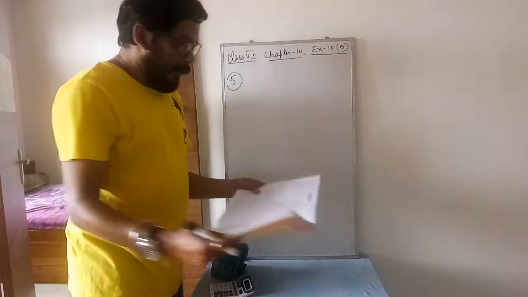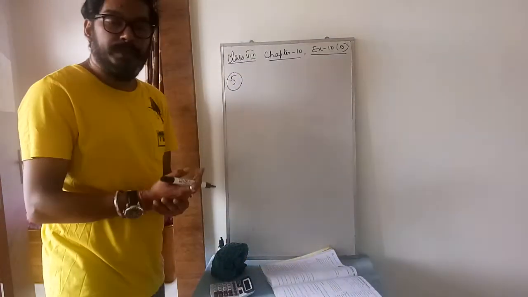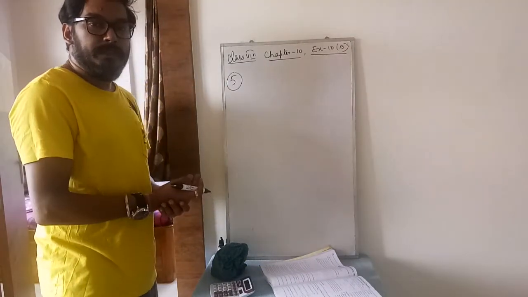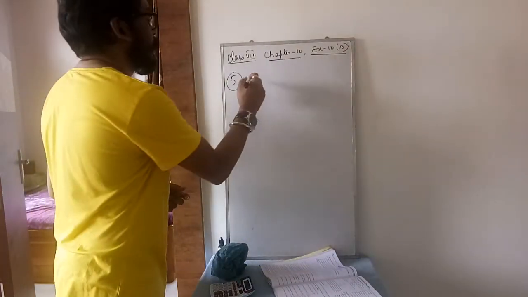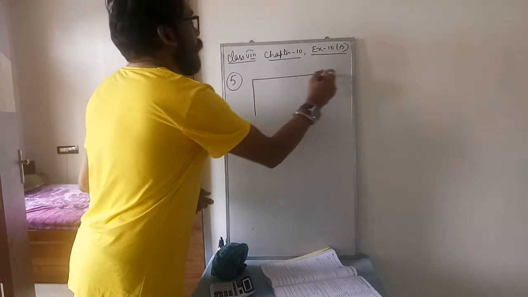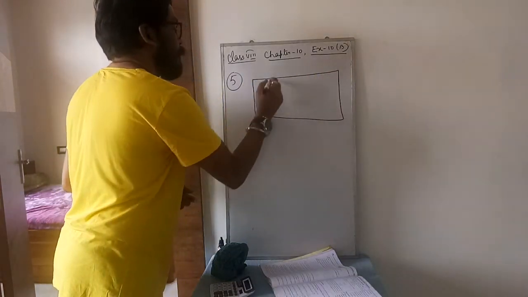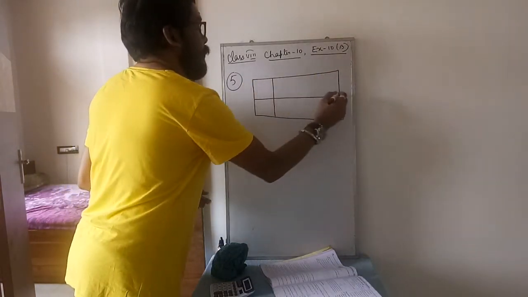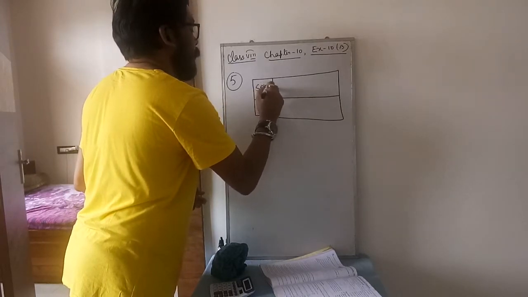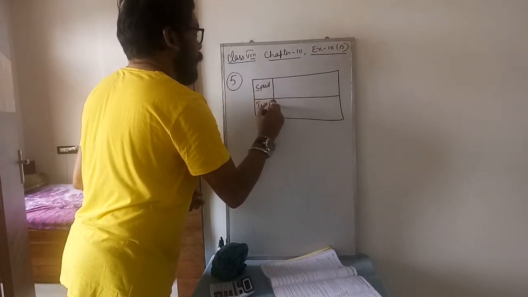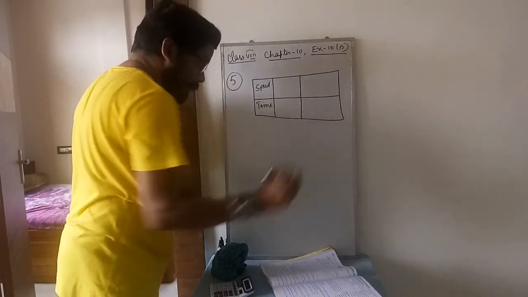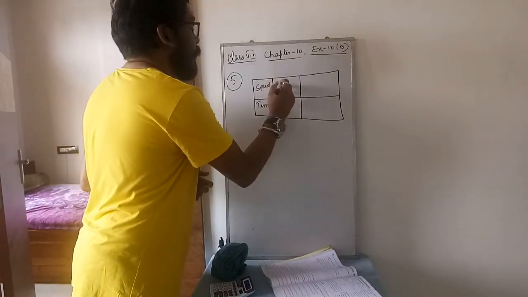So first you make a table. Here the quantities are speed and time, and we all know speed and time are inversely proportional to each other. So make the box for speed and time. In the first case, speed was given as 72.